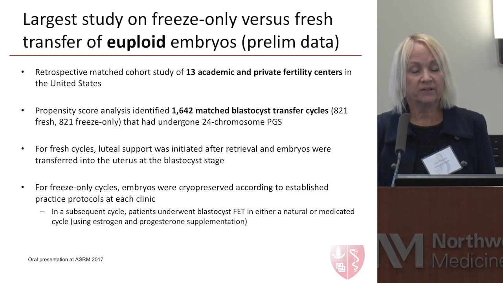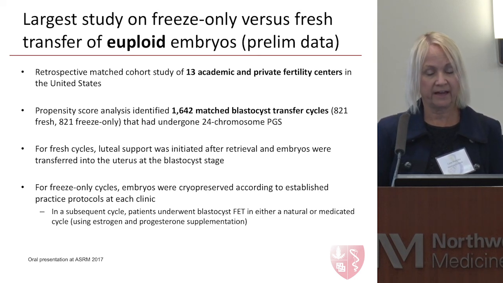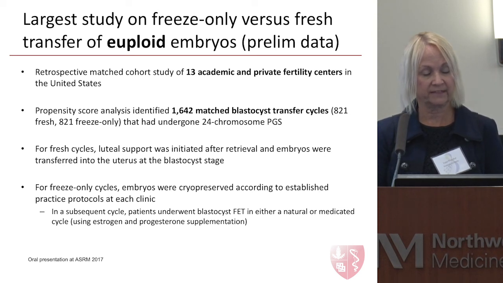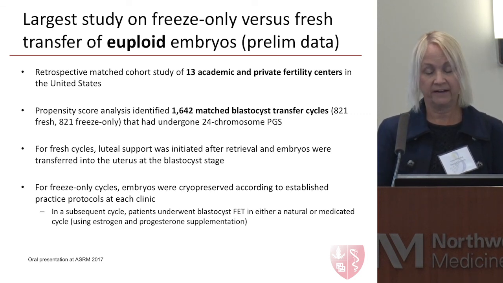Then we also looked at the data from this large cohort, and this was preliminary data that was presented last year at ASRM. So again, looking at a large number of blastocyst transfers, over 1,600. For the fresh cycles, again, luteal support was initiated after retrieval, and embryos were transferred at the blastocyst stage.